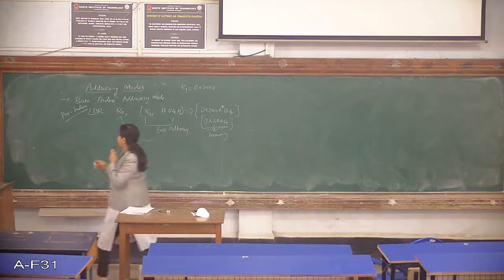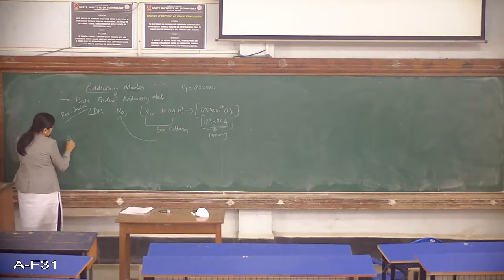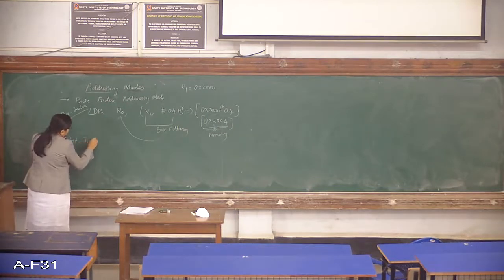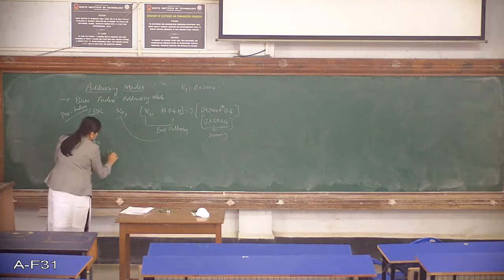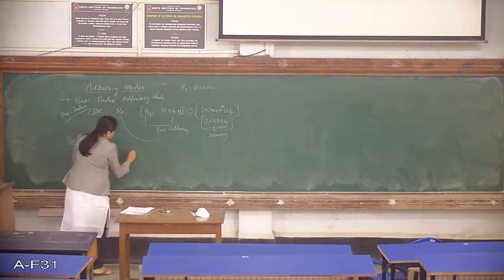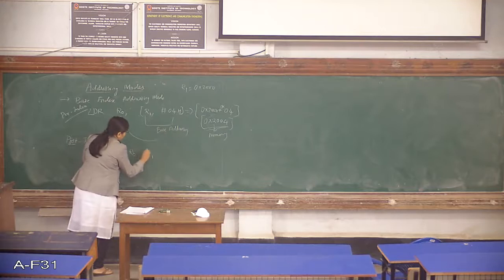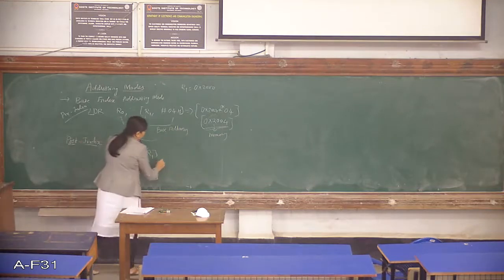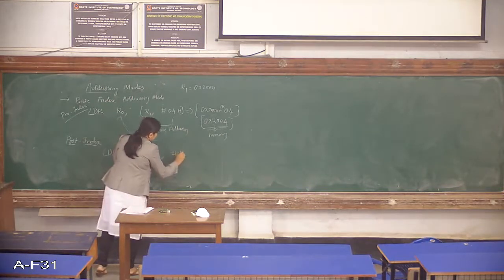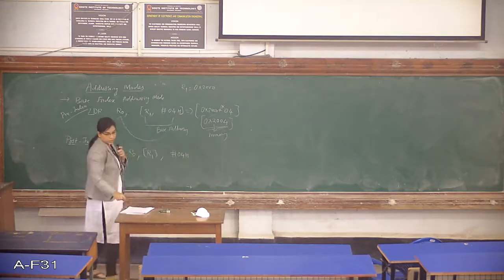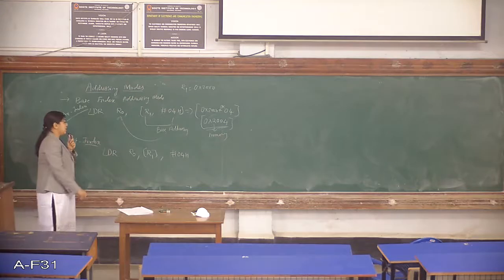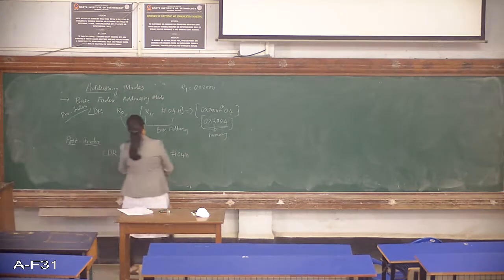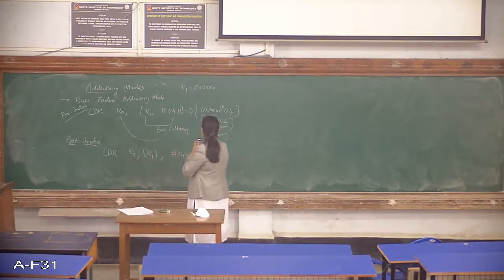Now post-index. In the post-index we have the instruction like this: LDR R0, [R1], #04H. What is exactly happening in the post-index here is, taking the same example, we have R1 as 0x2000.